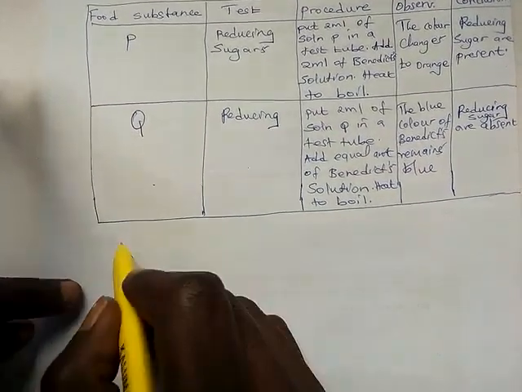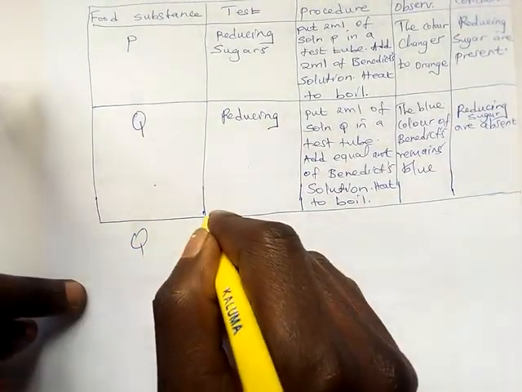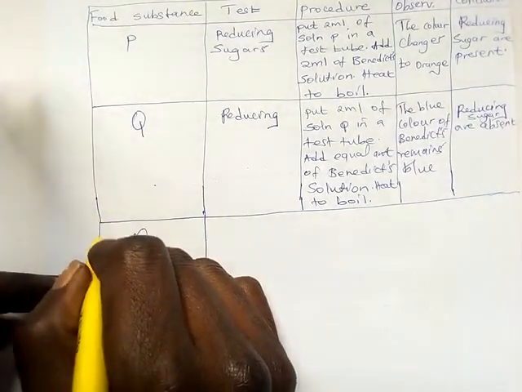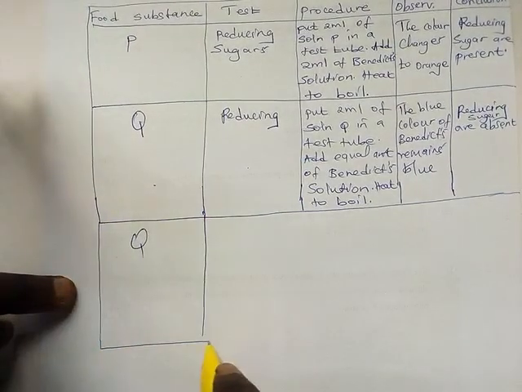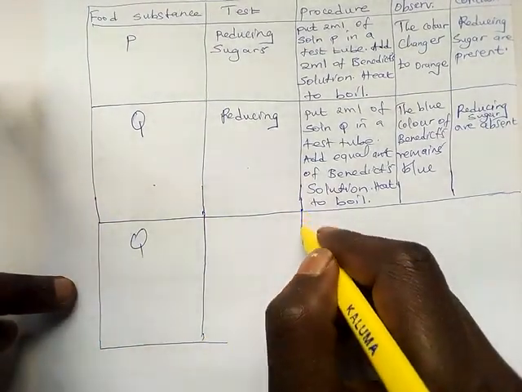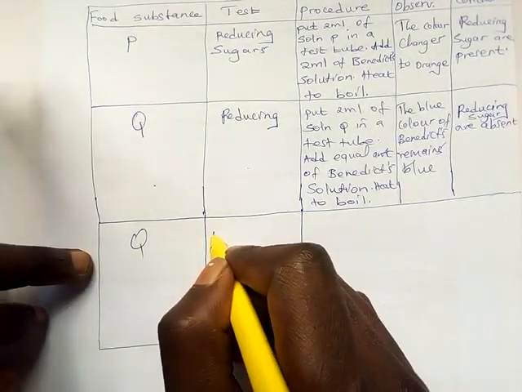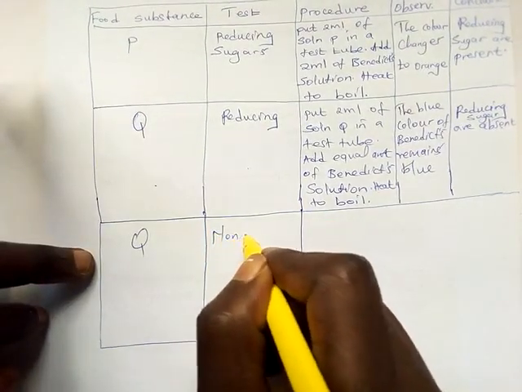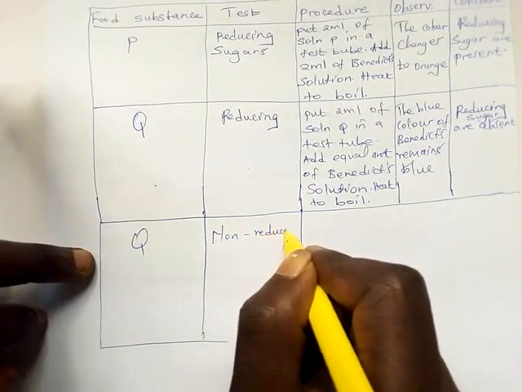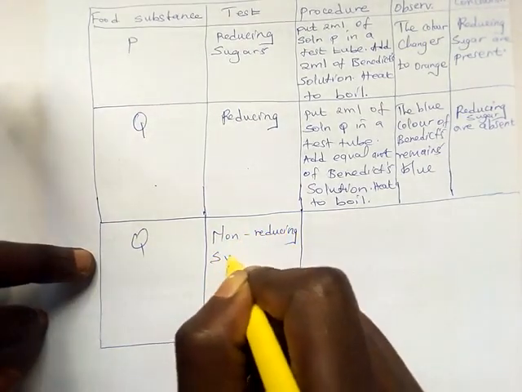Now we test for the non-reducing sugar using food substance Q. Now we write non-reducing sugar.